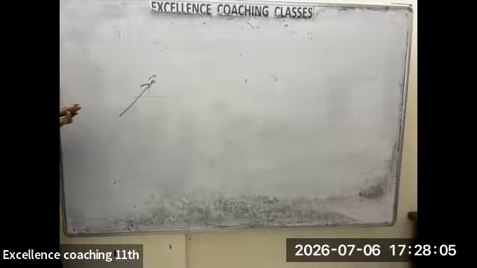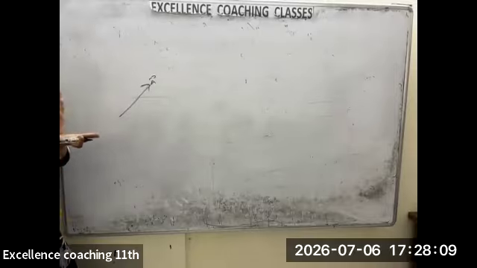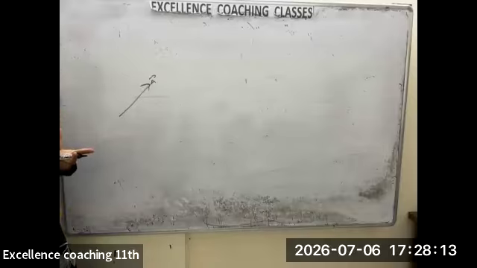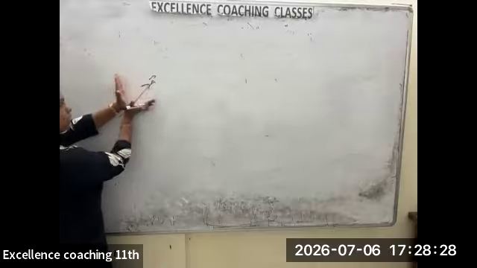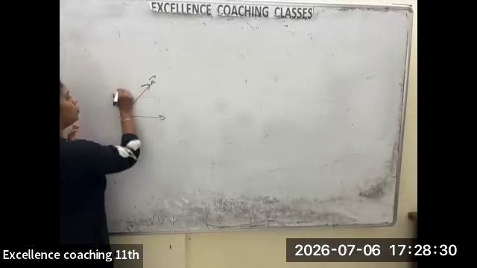You have to resolve, cut it, resolve it into its two components. One will be vertical, one will be horizontal. So when you resolve it, that A is no longer present. What you are doing basically, you cut it and make two parts of it. That is called as resolution of vector. Okay, so this one you are cutting and you are getting two parts of it.